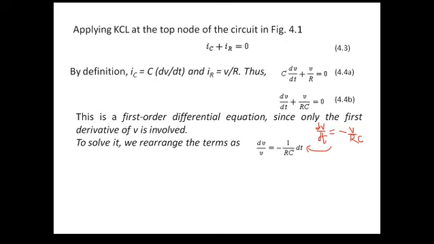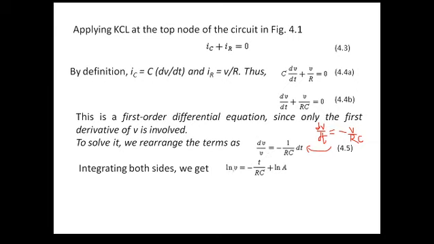Now integrate both sides: the integral of dV by V equals minus the integral of 1 over RC dt. Already you know the integral of dV by V is nothing but ln V.